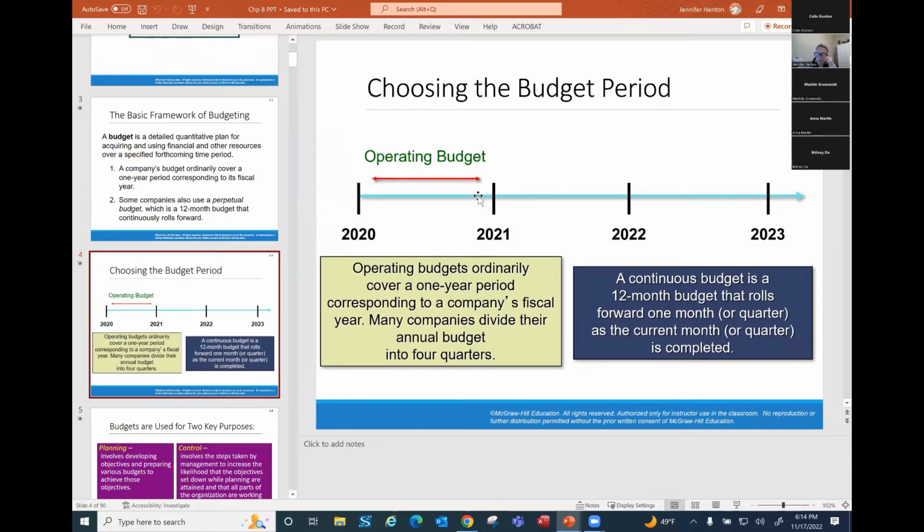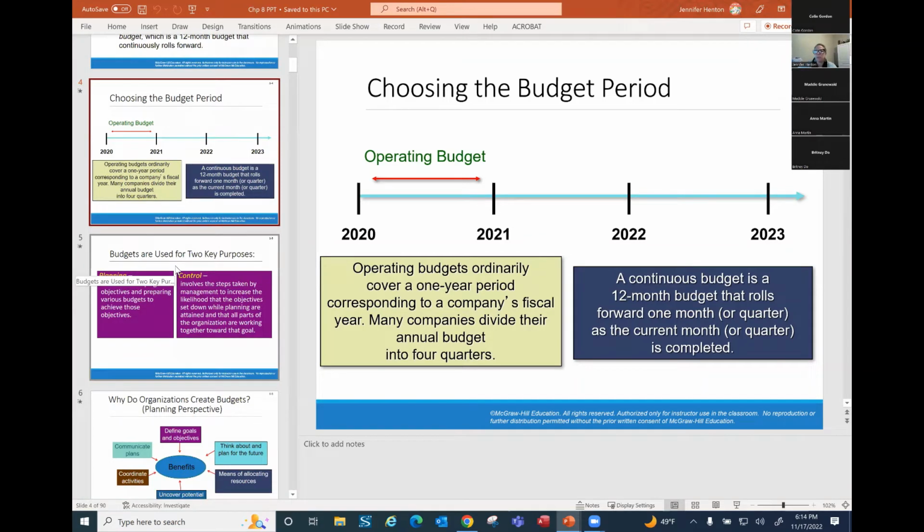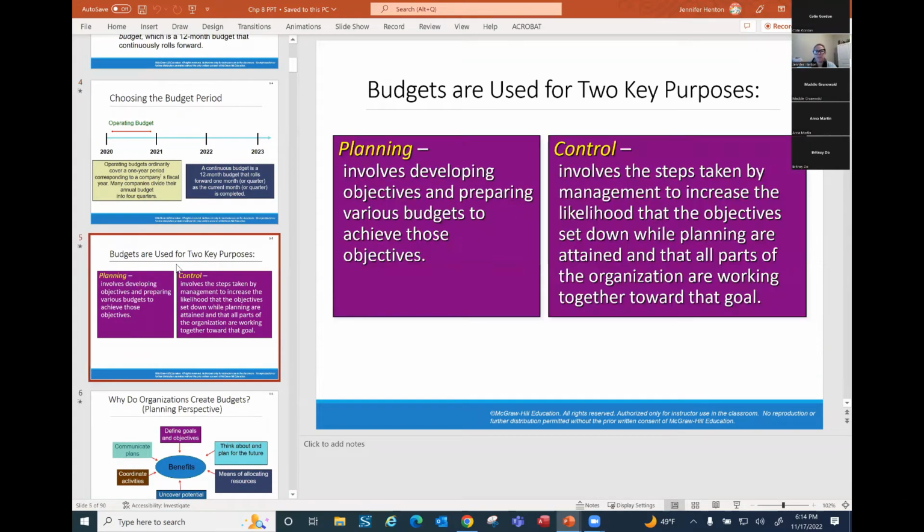Doesn't matter what month you're in, you're going to have 12 months. I would imagine that if you have an organization that's doing that type of budgeting, where you're always looking at it on an ongoing basis, they probably have some kind of software that you're able to input the data into, and it helps you keep track of what's going on.